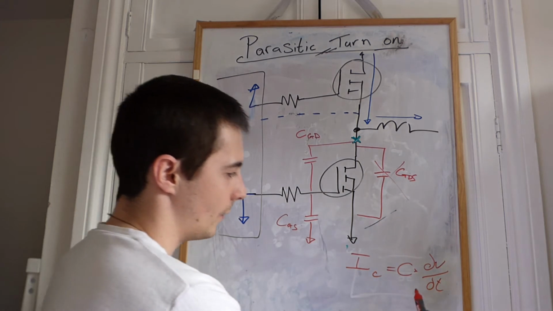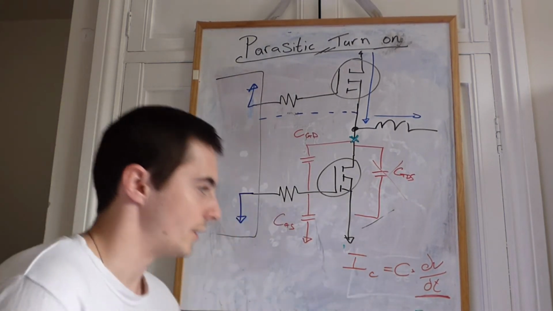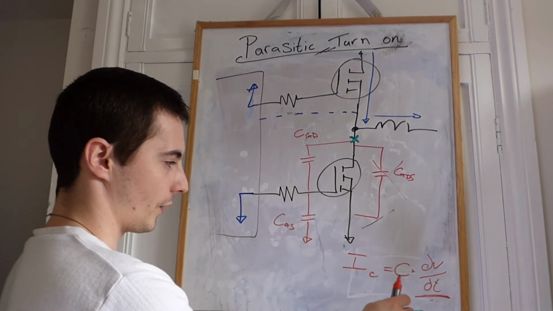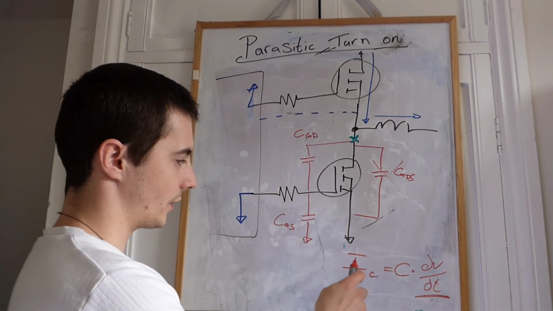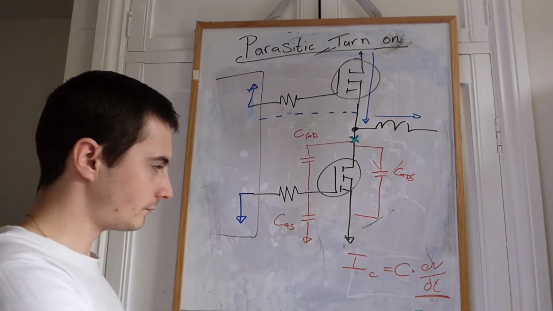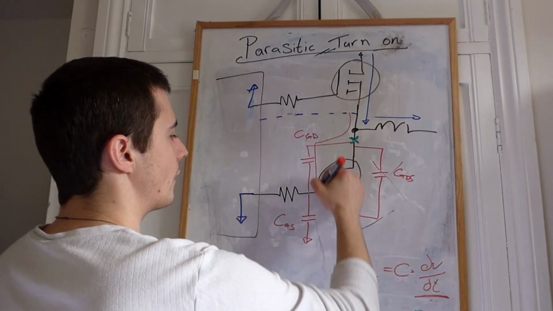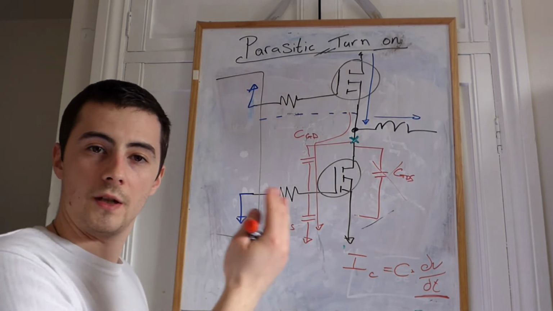So we've got something there that relates to the rate of change of voltage. If this was a really big number, if the voltage changed super fast, you're going to get some proportionally large current flowing through the capacitor. Again, do we really care whether we've got some current flowing through this path here when there's a high dV/dt?